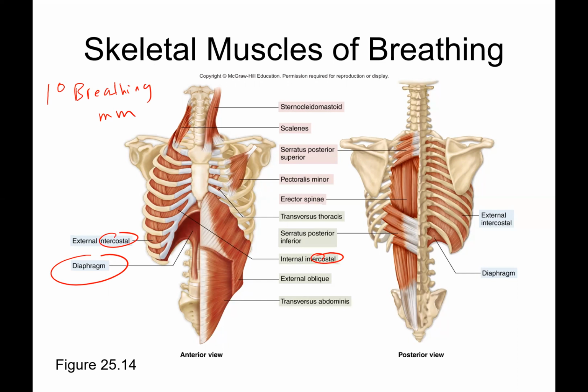The diaphragm and the intercostals. What I mean by normal breathing is, now we're going to get a little fancy here, your brain stem between the pons and the medulla, and the nerves.